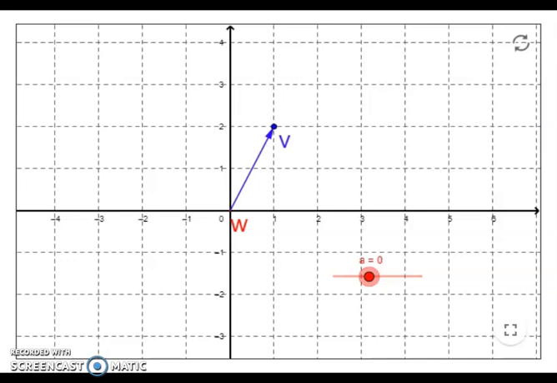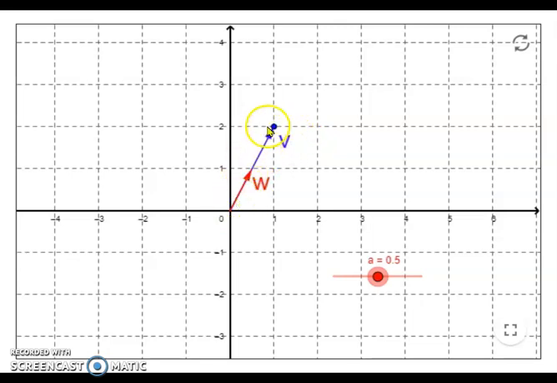For the scalar multiple, let us consider this vector v with the scalar a equal to 0. If we increase the value of a, you can see that this w here is the vector w, which is just 0.5 of v.